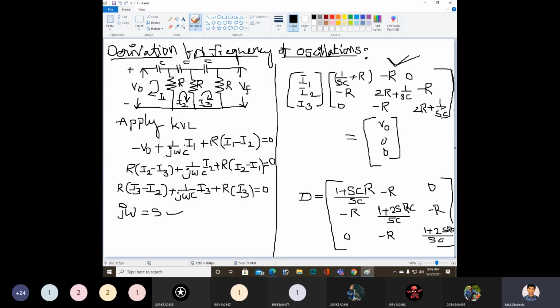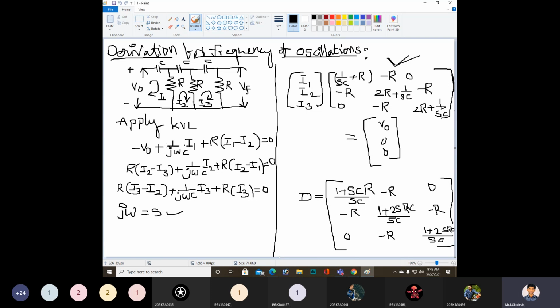Apply KVL and write down the equations for the 3 loops, I1, I2, I3. Once you write the equations with the help of KVL, you need to substitute S equals j omega. So in the place of j omega, substitute S.